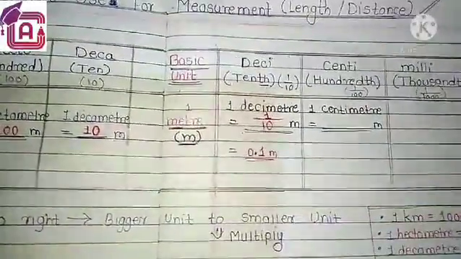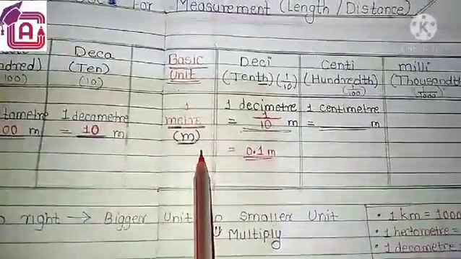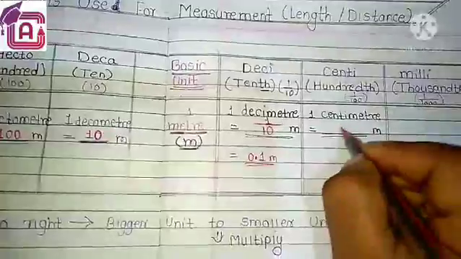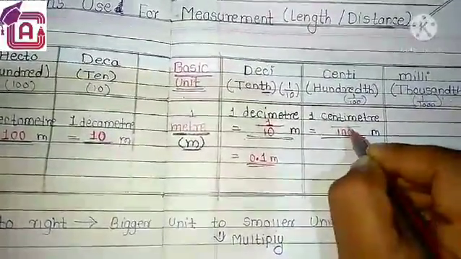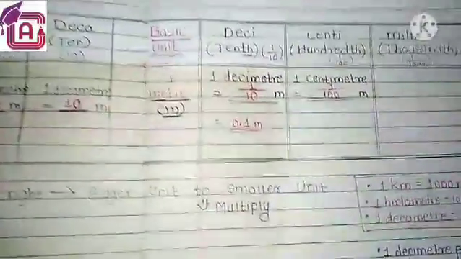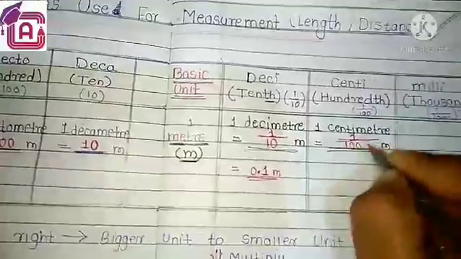So how to identify? Look at how many places after the meter. 1, 2. At the second place it is present. So we have to divide with the 100. Because 2 zeros, and numerator is 1 because it is a 1 centimeter. So 1 upon 100 meter.